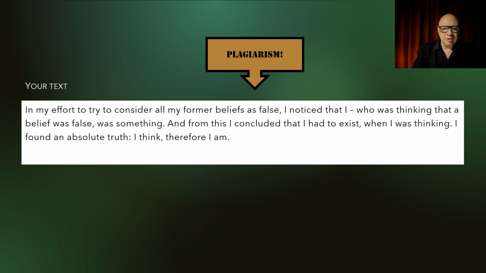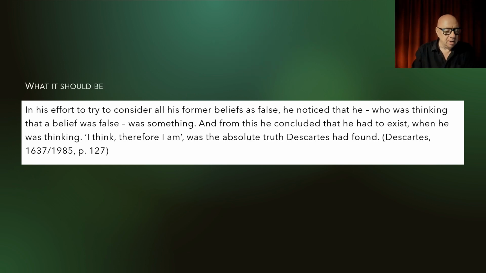So you have to do this slightly different if you want to use this idea to get to another point you probably want to make in your essay. You should write something like this. In his effort to try to consider all his former beliefs as false, he noticed that he, who was thinking that a belief was false, was something, and from this he concluded that he had to exist when he was thinking.